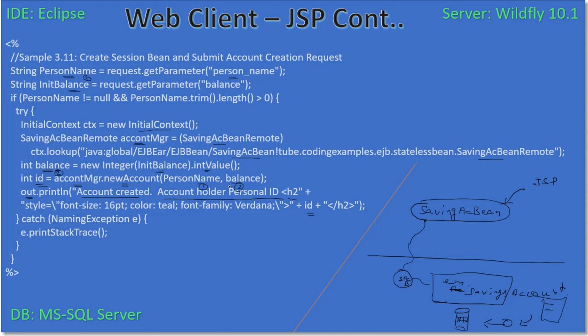Alright, so once the user clicks the submit button, they will get a response back, and in the response they will see account created, and the ID of the new record. So from the user's perspective, first they make a request to get the JSP file, and the JSP file displays the form. The user fills in the content and submits it. Then they get a response back stating a new account was created, and this is the ID of the account.